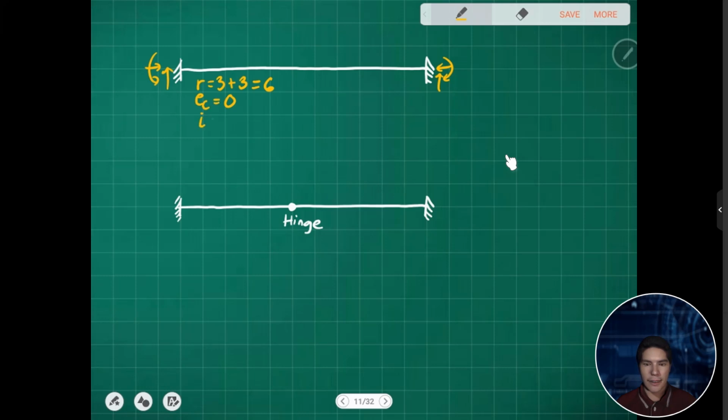Thus the degree of indeterminacy is r minus 3 plus EC. So we get 6 minus 3 plus 0, or 3 degree indeterminate.